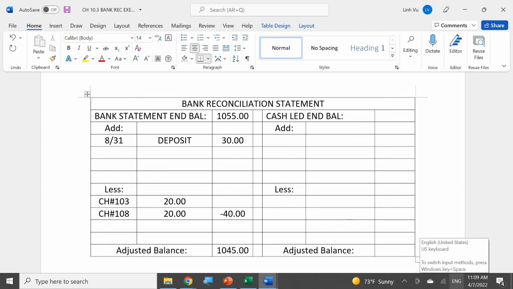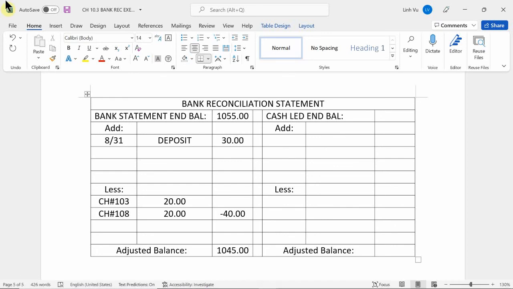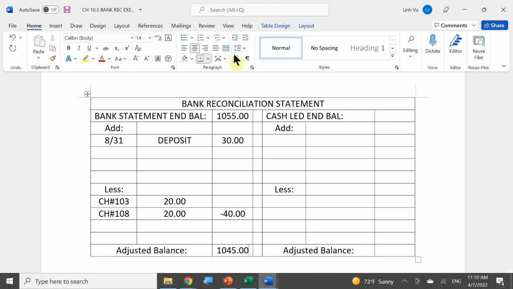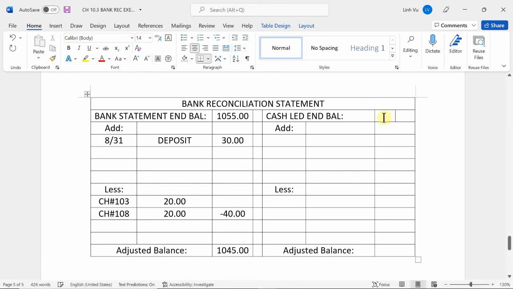I do not need to stop here because I still have to continue to make sure that my cash ledger matches as well. So what does our side know that the bank, or what do I not know that the bank knows? In this case, we start off with our cash ledger ending balance.